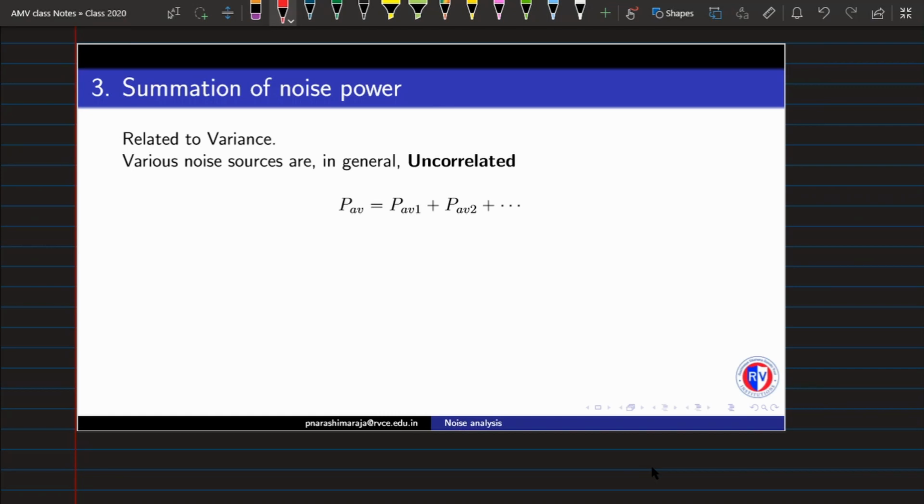Now that you have calculated the noise contribution because of these individual noise components inside the circuit as P average 1, P average 2 and so on, in order to calculate the total average power, what one could do is add these powers. Okay, so you have to be clear that in order to compute the total average power due to various noise components, one has to add the power terms, not the current source terms or the voltage source terms that are responsible for these average powers.